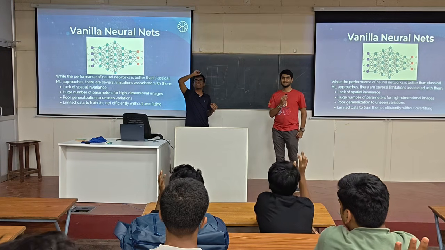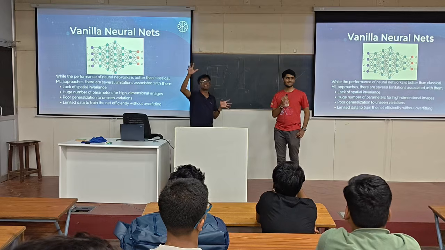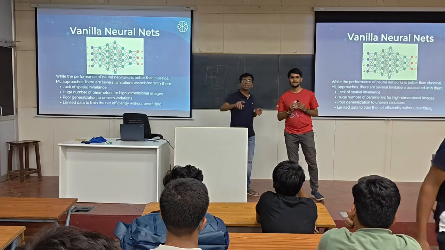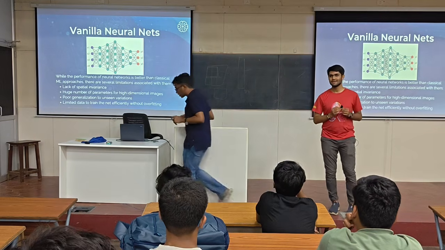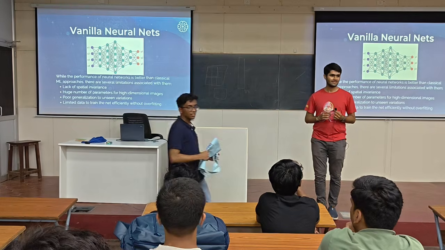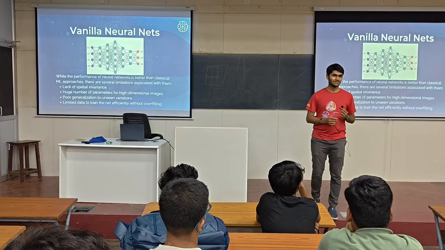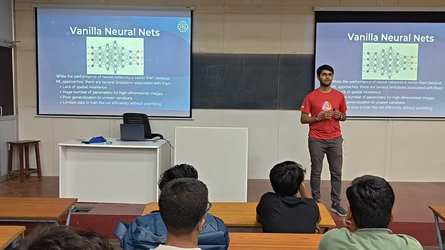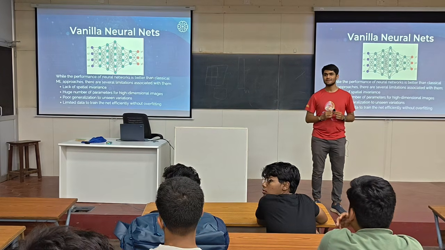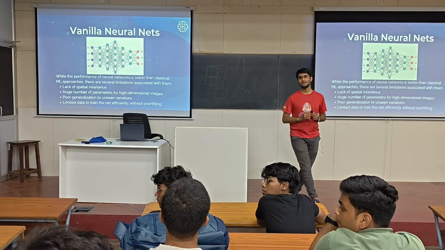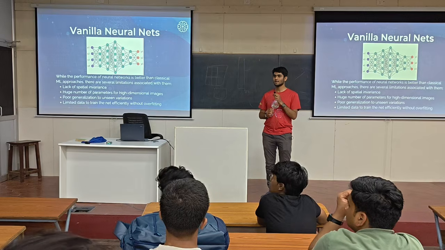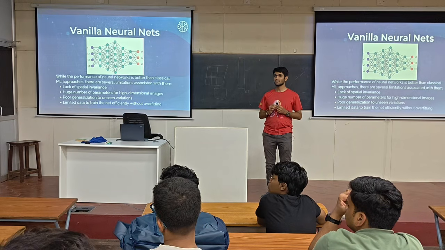Okay, can anyone tell me one point of why these two are different? They're more dependent on each other. Like the parameters are more dependent on each other. Yes, that is one good point. Very nice. Second, the number of parameters for each operation is different.